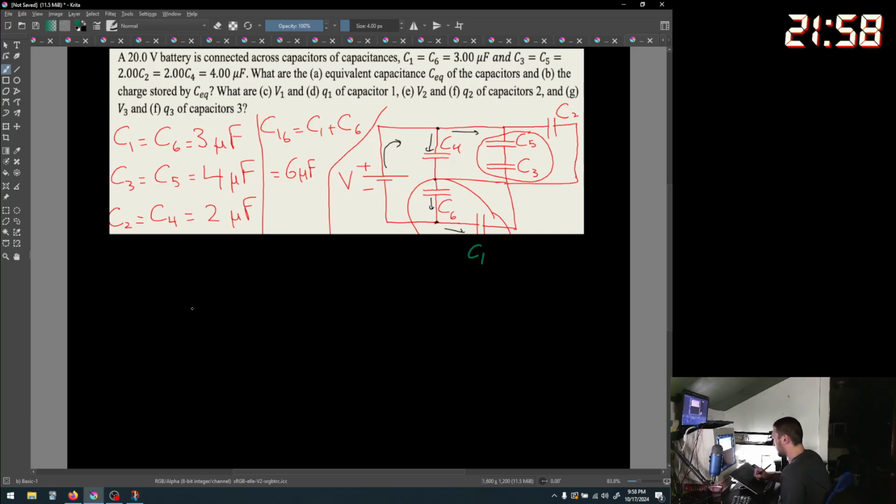So, oh look, C16 is C1 plus C6. Because there is a junction, it would be parallel. We're going to have C16, and we're going to have C53.